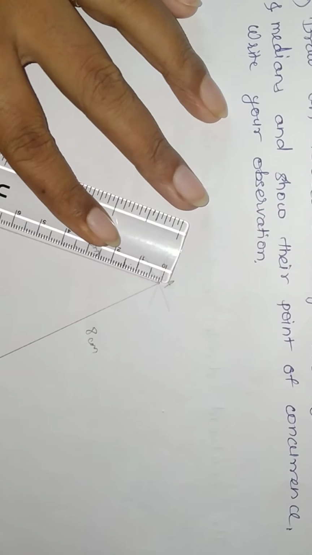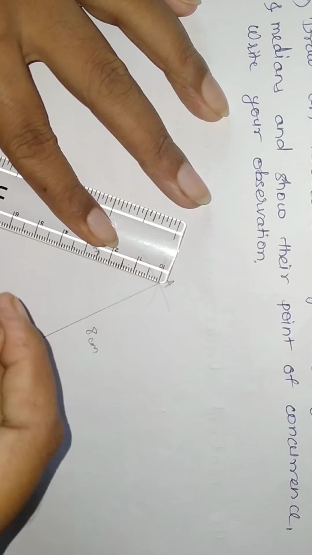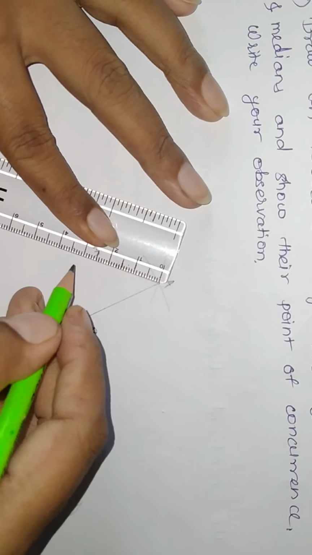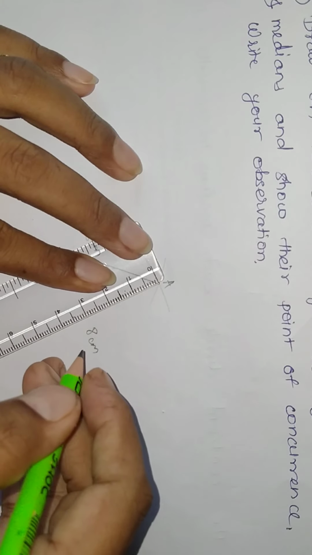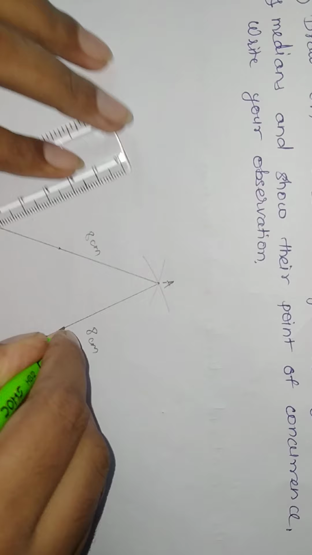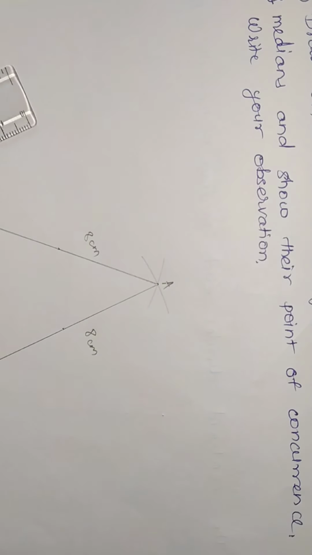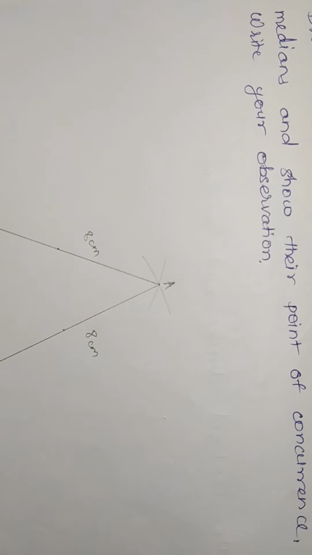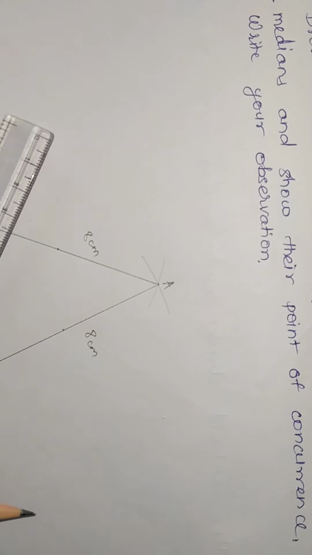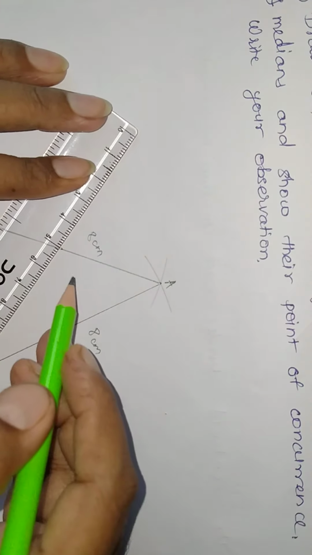We have to take the midpoint of this, 4 here, 4. Now we'll join these points.